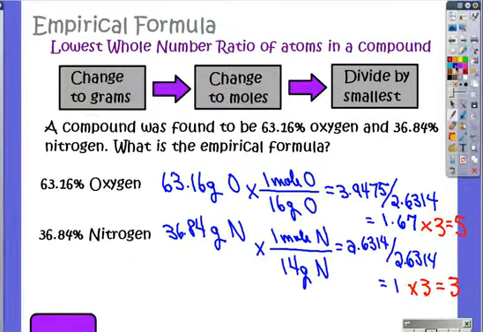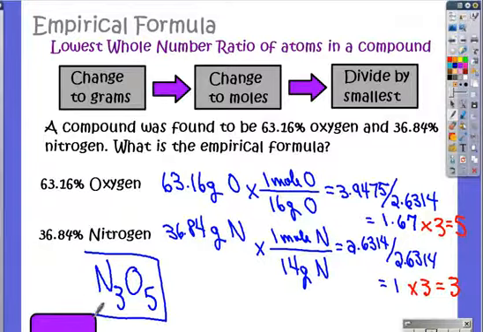How does that end up being an empirical formula? Well, these numbers are going to be the subscripts in the formula. So for oxygen, I'm going to have a 5, and for nitrogen, I'm going to have a 3. So my formula for this particular compound is N3O5.